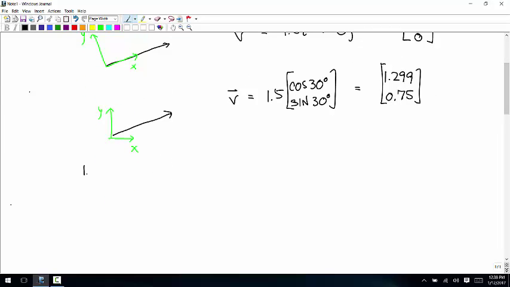In 3D, we're going to do a lot of stuff with 3D vectors also. So if you think of the x component in the x direction plus the y component in the y direction plus the z component in the z direction, the notation is going to be x, y, z as a column matrix like that.